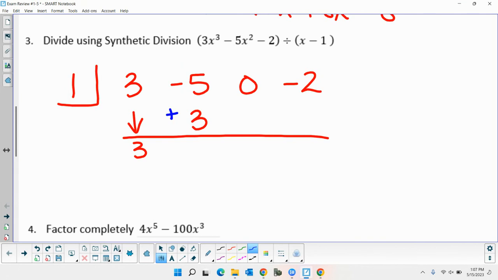Okay, what's the next number? -2. Then what? -2 up here, which is another -2, right? And then another -2. But it's -4 there, right? So what's my answer?